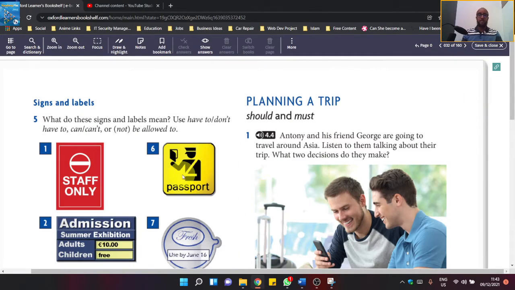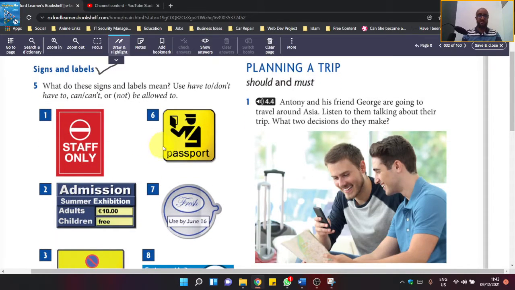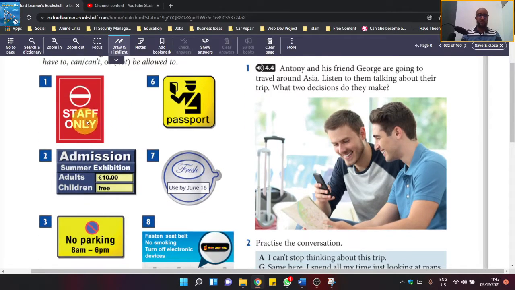Okay, guys. So here we're going to talk about signs and labels. Okay, it's right there. Signs and labels. So we have these different signs here. You have a no entry, maybe just staff only. We have a passport check label here. We have an admission, like places where you can go in.